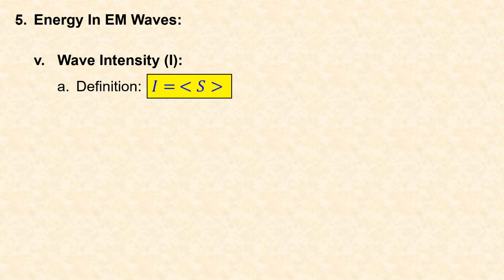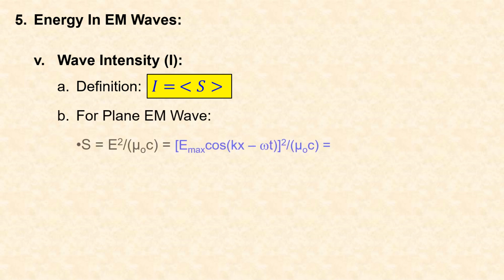For a plane electromagnetic wave, we can express the Poynting vector like this, as done previously. This is an expression for the Poynting vector in terms of the electric field rather than the magnetic field.